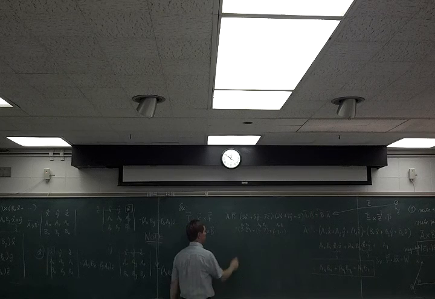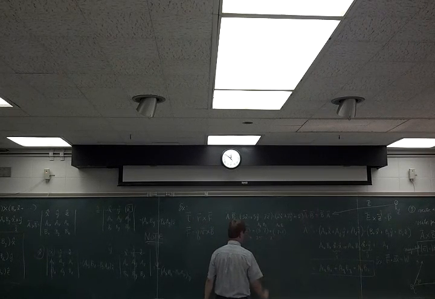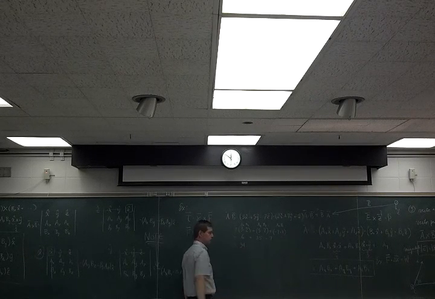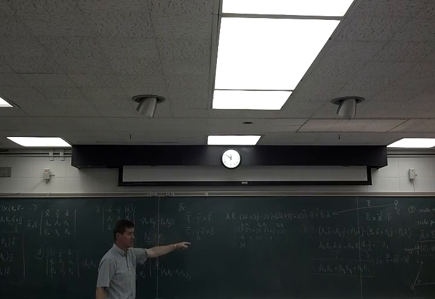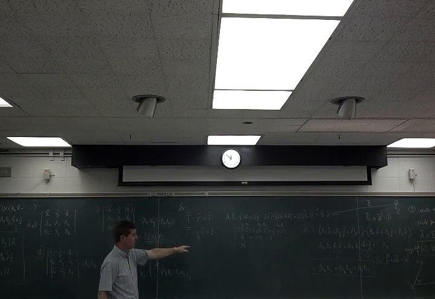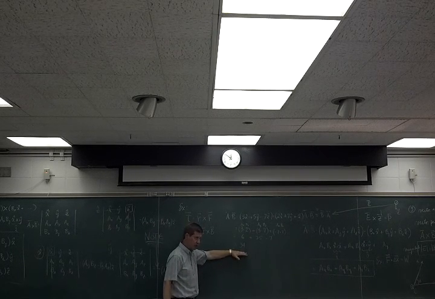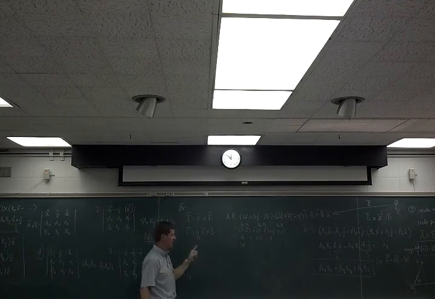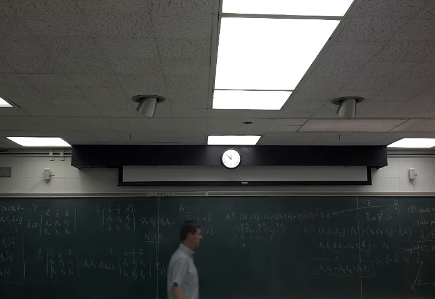So this becomes 6 plus 35 minus 7, otherwise known as 34. Now, notice it's just a number. Is that what you expect? Absolutely. Why? It's a scalar product, dot product is a scalar product, so you should wind up with a number. If you wind up with a vector, you got problems.